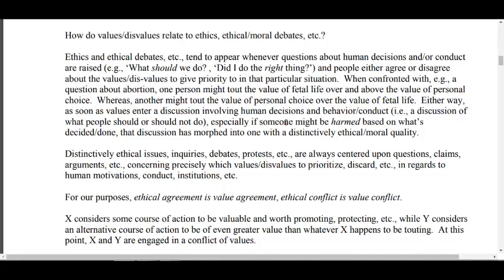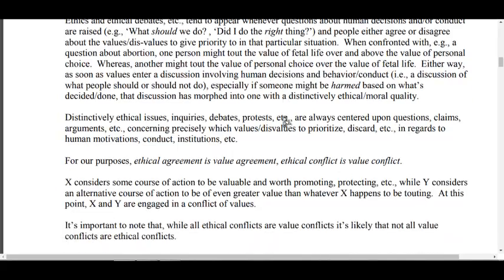That's what ethics is. You can read this sentence. You'll have this to look at and ponder over. But those three things tend to always show up when ethics is in play.